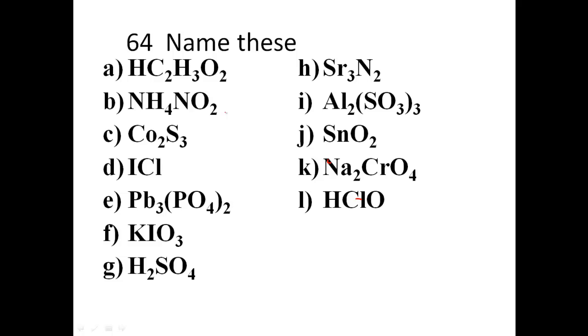Since we're looking at A here, we have acetate and hydrogen. So we remember that we take the name of the anion and we just change the ending to this, acetic. So this is acetic acid.